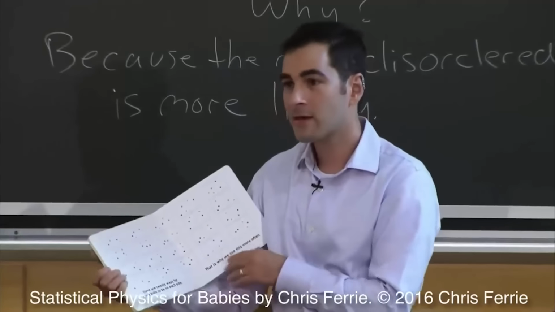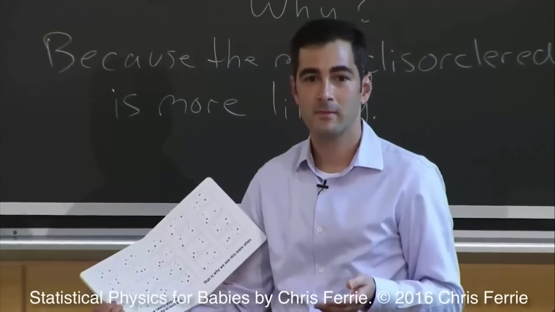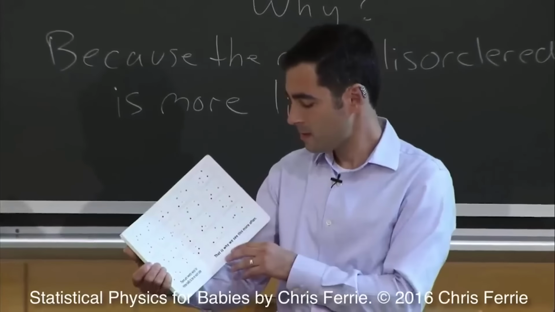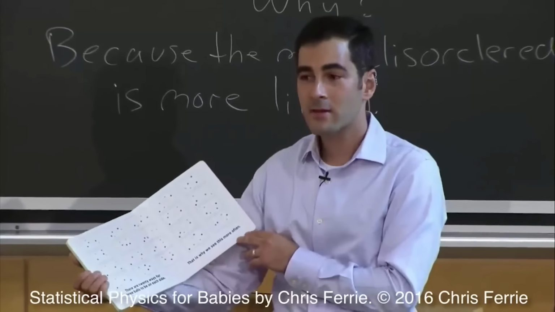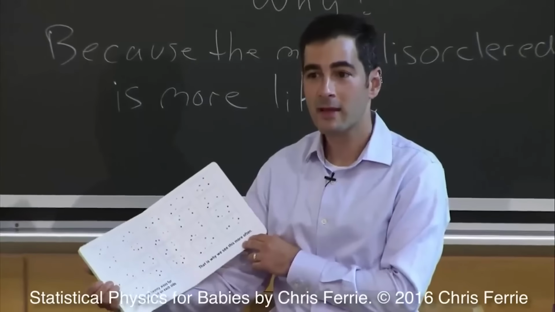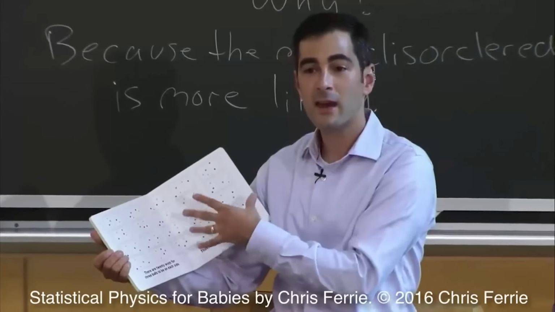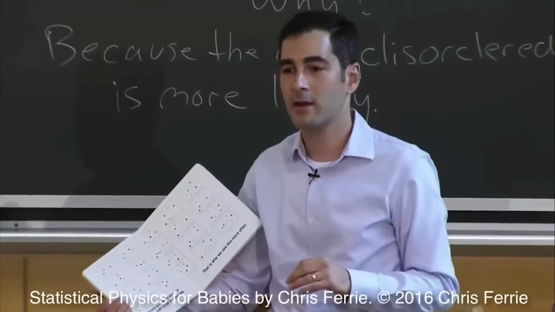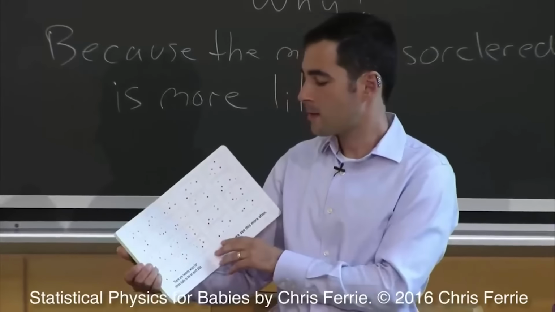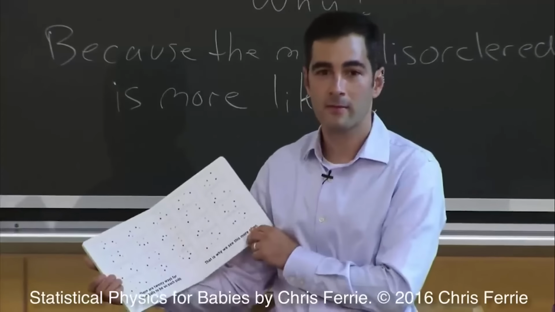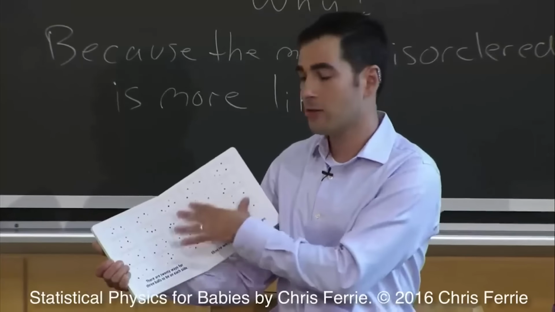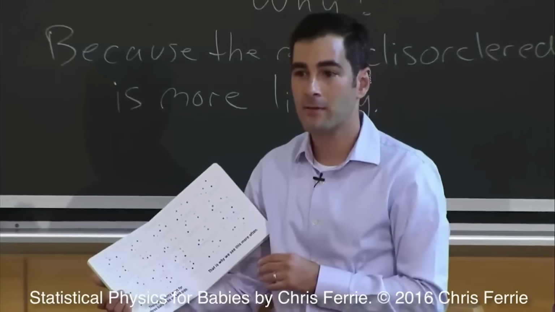So it was 1, 6, 15, 20. So that seems too simple, right? But that's the answer. This is our expectation from everyday life because it's more likely. There are more different combinations that look like this than any other type of state.